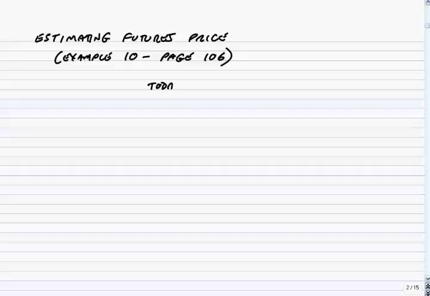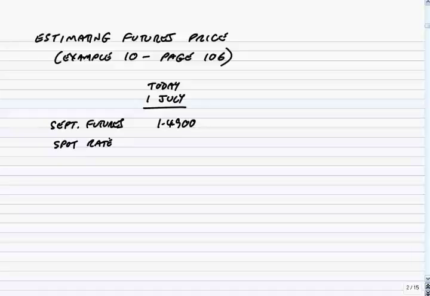Today, the 1st of July. Well, the September futures. The price of the September futures is 1.4900. And we're going to compare it with the spot rate. Well, fine, except of course there is that spread, and we can't really compare it with two different rates.